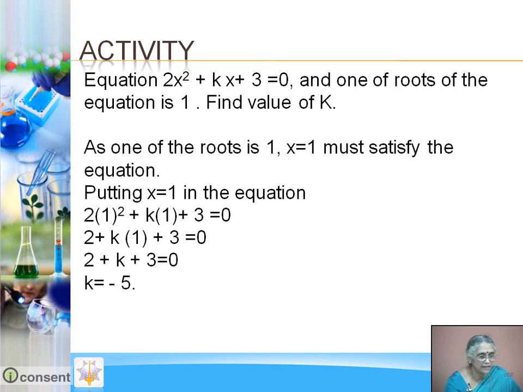As one of the roots is 1, we write x is equal to 1 and it must satisfy the equation. Putting x is equal to 1 in the equation, 2 into 1 square plus k into 1 plus 3 is equal to 0. When you simplify this, k is equal to minus 5.